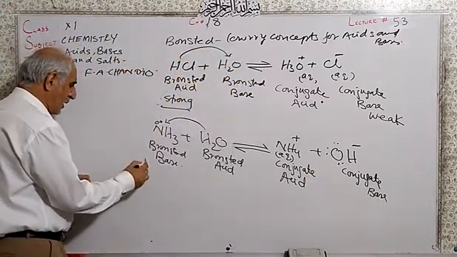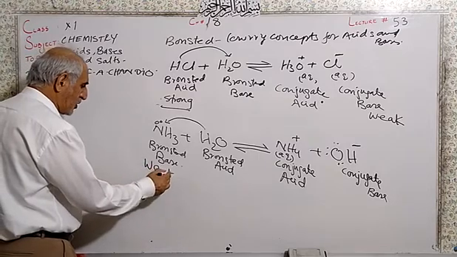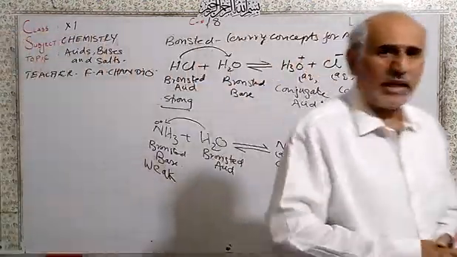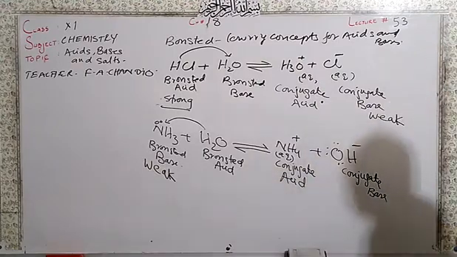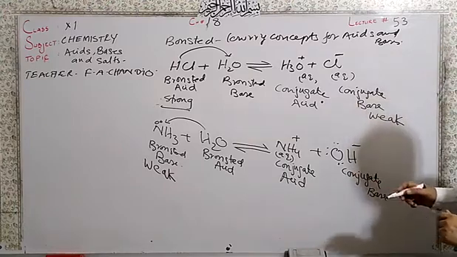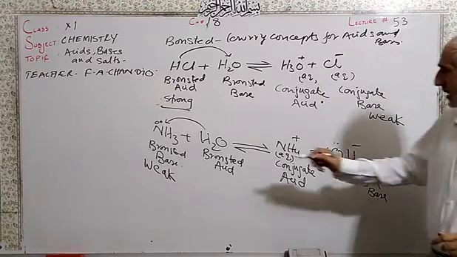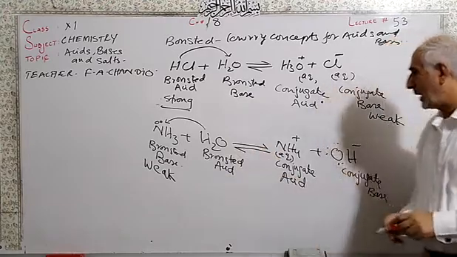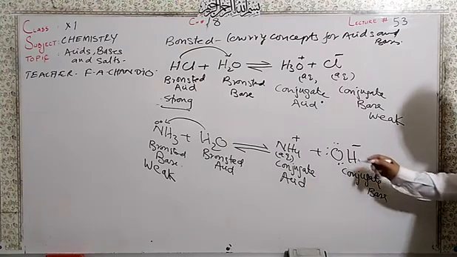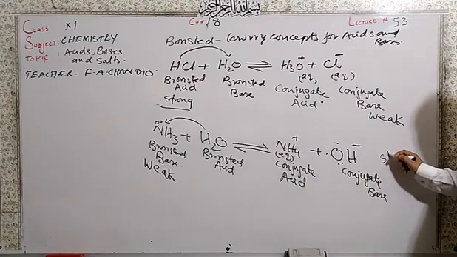Ammonia is a weak Bronsted base, so its conjugate acid is strong.